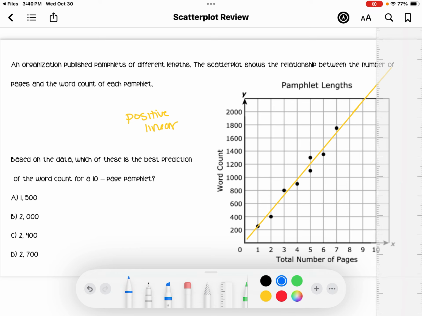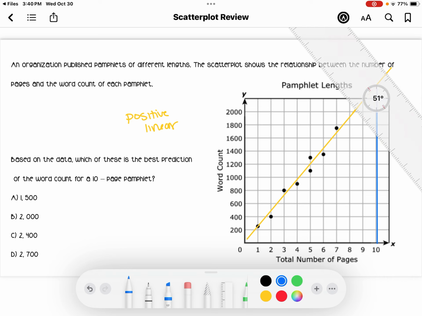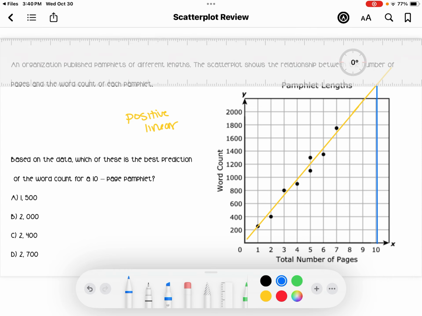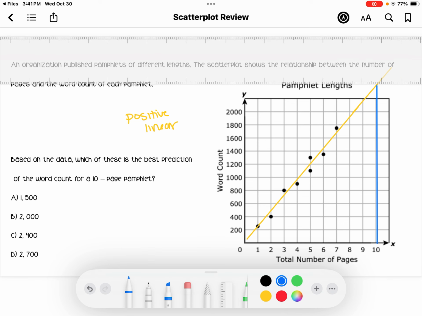So we're going to go to 10 pages. This is going up by 200, so this will be 2,200. This is 2,400. So it would be C, 2,400.